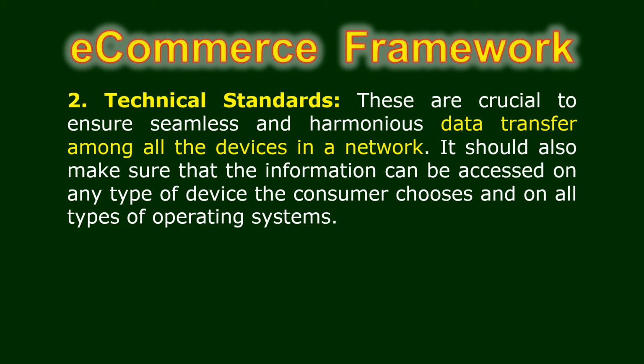So mobiles consist of one type of hardware and software, and laptops, desktops. In this way, different types of devices consist of different hardware and different operating systems, and technical standards are required in order to ensure seamless and harmonious data transfer among all these devices in the network.